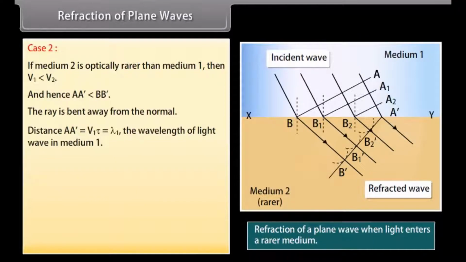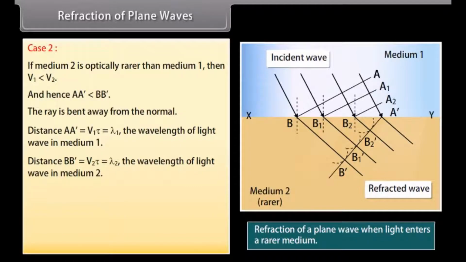Distance AA' is equal to v1 times t, which is lambda 1, the wavelength of light wave in medium 1. Distance BB' is equal to v2 times t, which is lambda 2, the wavelength of light wave in medium 2.